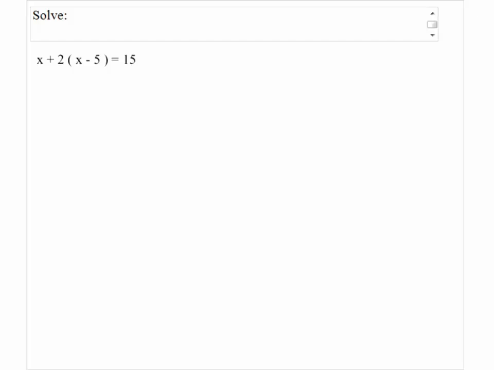Solve for x. We can distribute here. We have x plus 2 times x would be 2x. 2 times minus 5 would be minus 10, equal to 15. Combine like terms: x plus 2x would be equal to 3x, minus 10 is equal to 15.